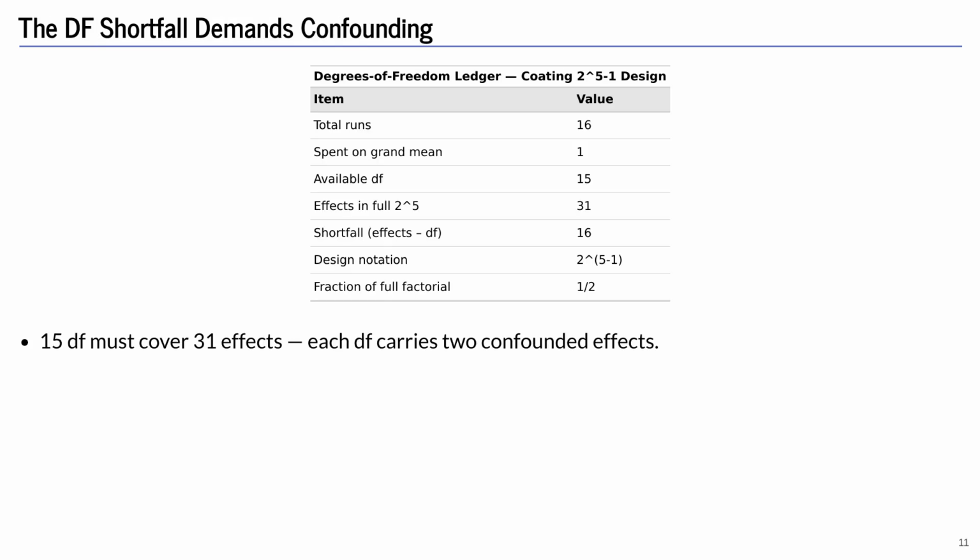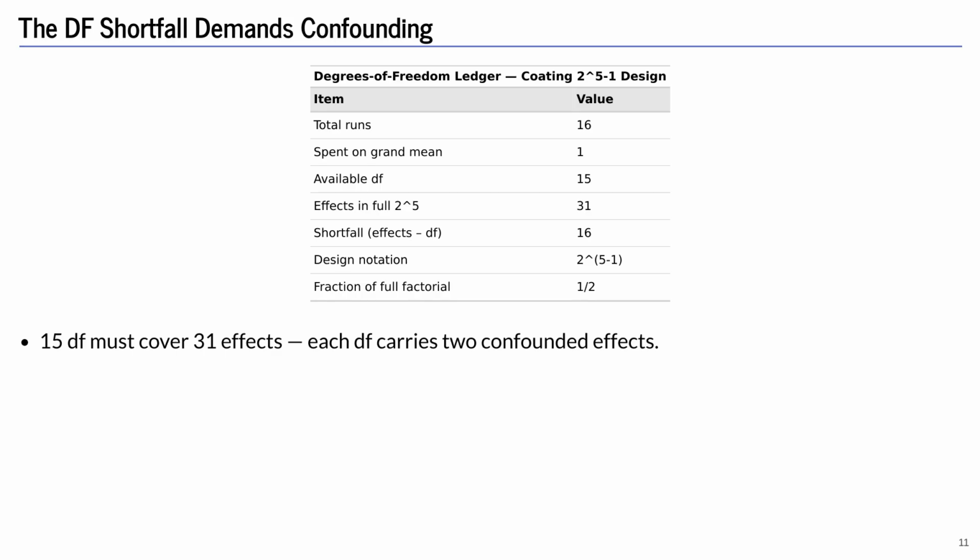The ledger makes this concrete. Total runs, 16. Spent on the grand mean, 1. Available degrees of freedom, 15. Effects in the full 2 to the 5, 31. Shortfall, 16. Design notation, 2 to the 5 minus 1.